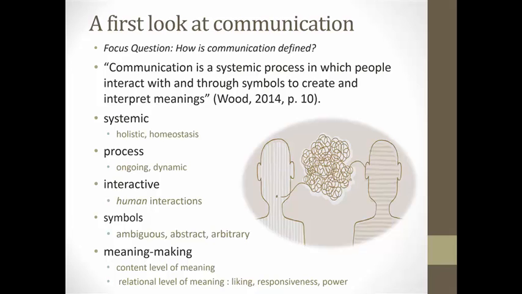So, for instance, we talk about the content level and the relational level. My favorite example is 3 words, the phrase, I love you. Content, I love you. 3 words, 8 letters, right? But when you hit the relational level of meaning, it can mean so many different things depending who you're talking to, right? So when you talk to your grandmother and you love her and it's respectful, family-based love, you talk to your romantic partner and there's usually a very different kind of intimacy than you would have with your grandmother.